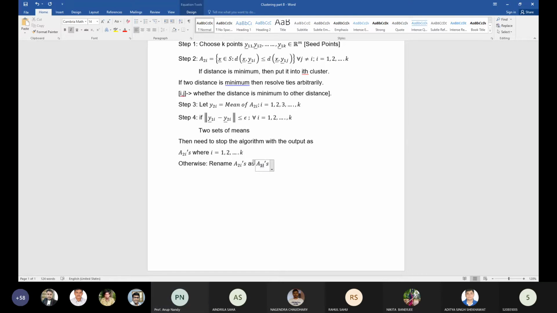And after doing the renaming, then you have to initialize A2S to the null set.